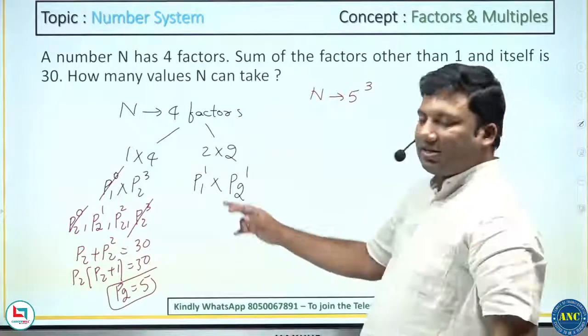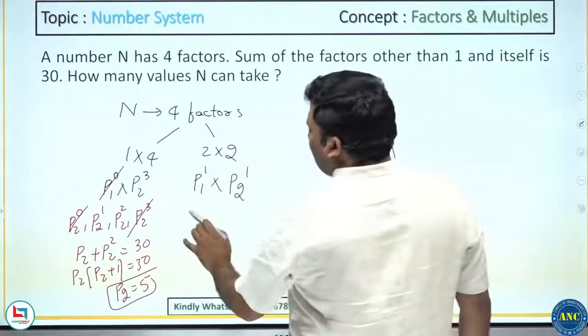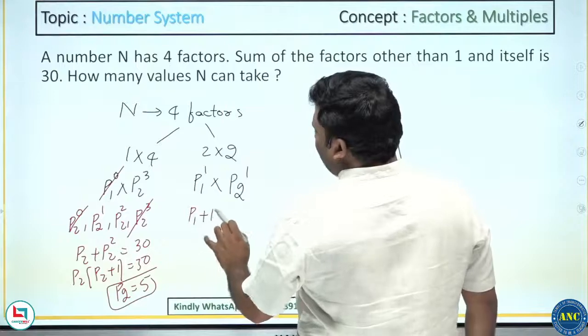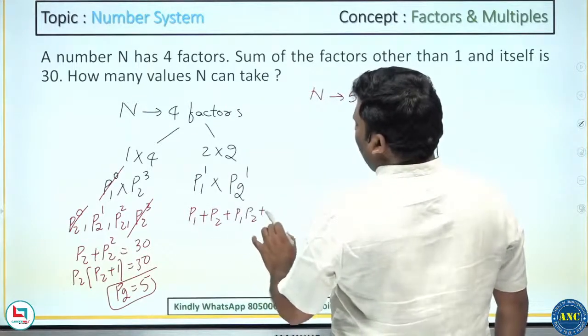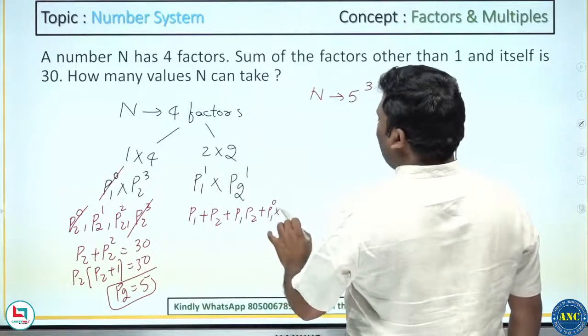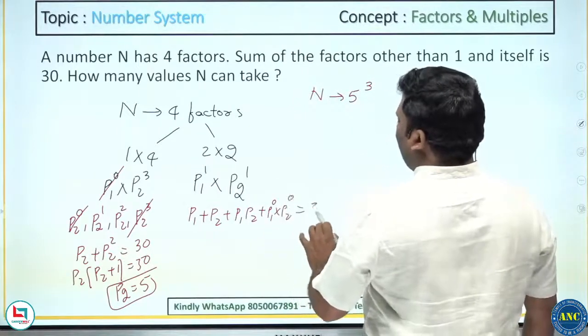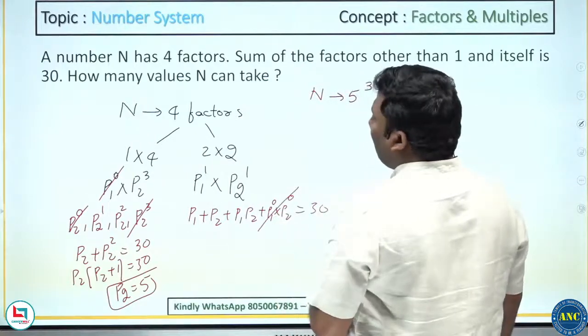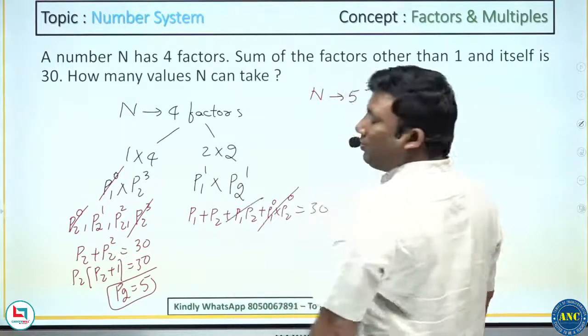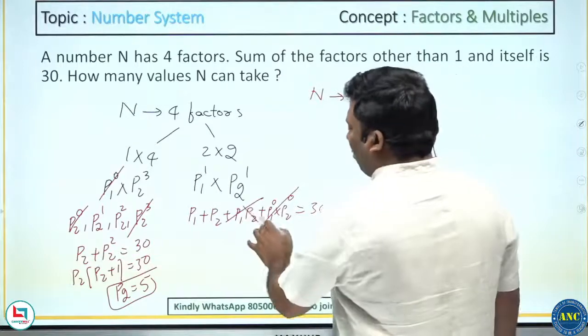Next one, for this case, what are these cases? P1 plus P2 plus P1 P2 plus P1 power 0 into P2 power 0. Sum of the factors other than 1 and itself, it is P1 plus P2, it is 30. These two we have to eliminate.